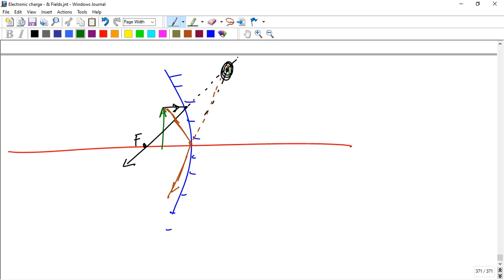So an image is created here. The two reflected rays do not actually meet at a point. When they are produced backward, with imaginary lines drawn backward, they meet at a point here. That's why this image is called a virtual image.